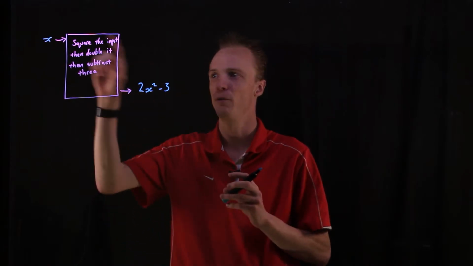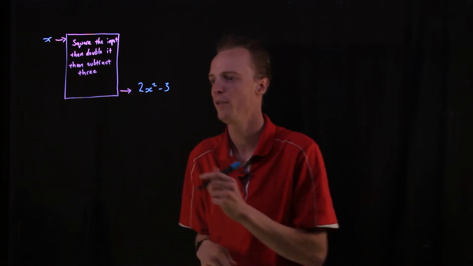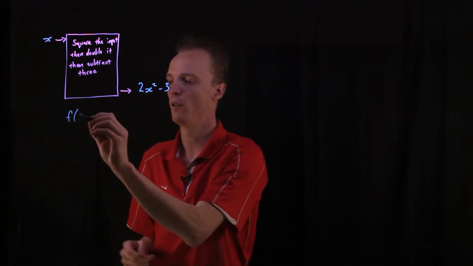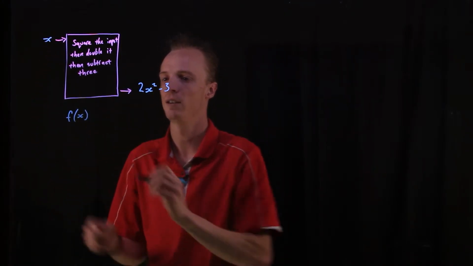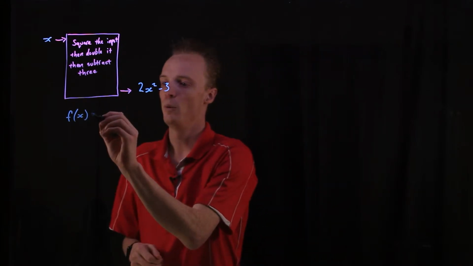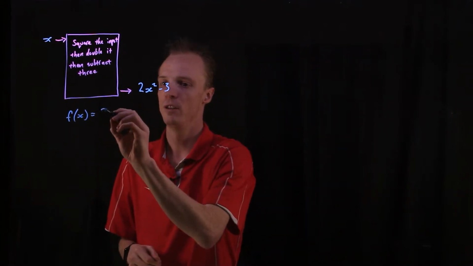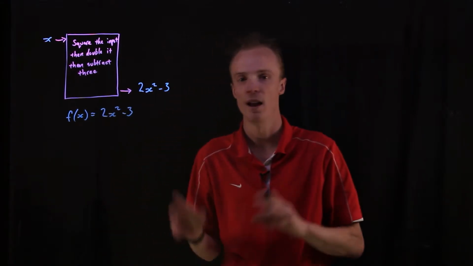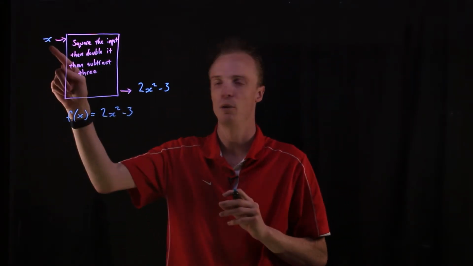We write this sort of function machine like this. We represent it as f of my input of x, which in this particular case outputted 2x squared take 3. Now I don't have to just input the value of x.